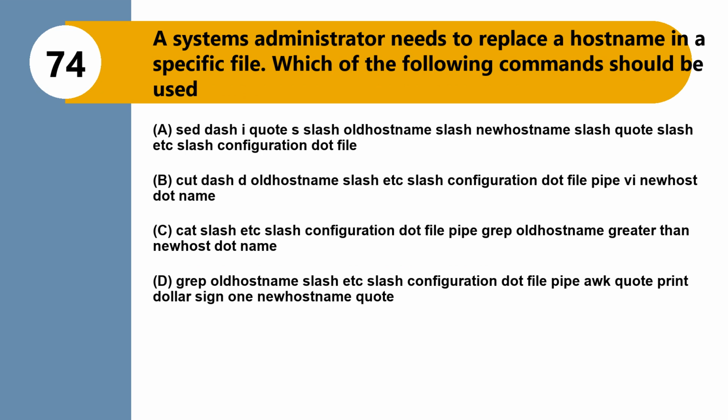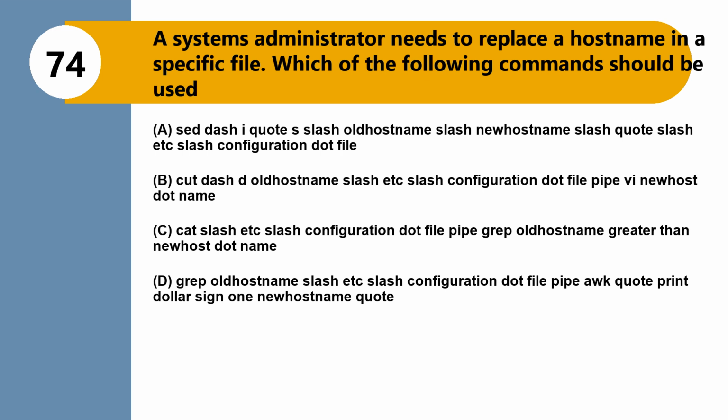Question 74. A systems administrator needs to replace a hostname in a specific file. Which of the following commands should be used? Option A. sed-i-s/old hostname /no hostname /quote/ etc /configuration.file. Option B. cut-d old hostname /etc /configuration.file pipe 6 no host.name. Option C. cat /etc /configuration.file pipe grep old hostname greater than no host.name.